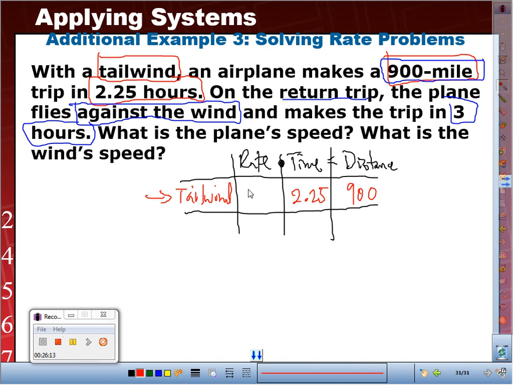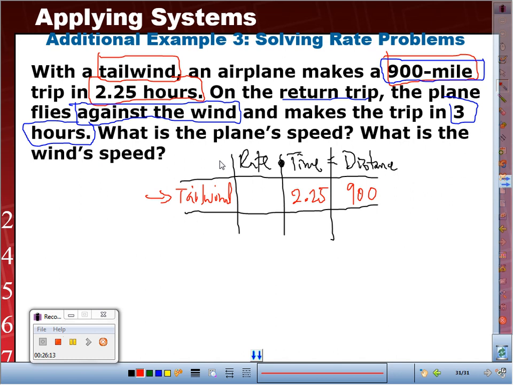Okay. And the rate, this is what's a little bit different. Rate is going to involve 2 things, the plane and also the difference that the wind makes, because that affects your rate. So who's noticed when they have you running the mile and it's windy, what happens when you're running against the wind? It's harder, or it slows you down, is that correct? But what happens when the wind is at your back, or at your tailwind?